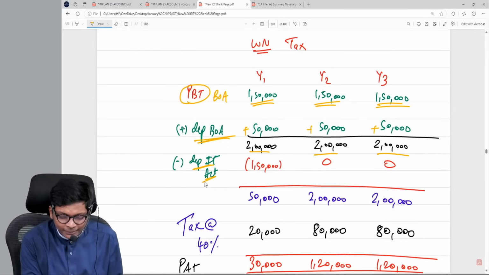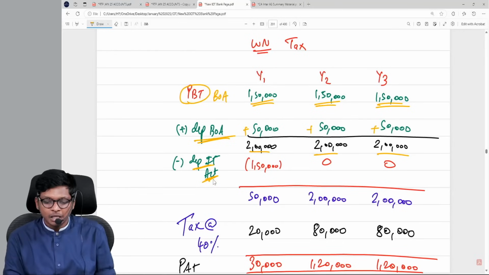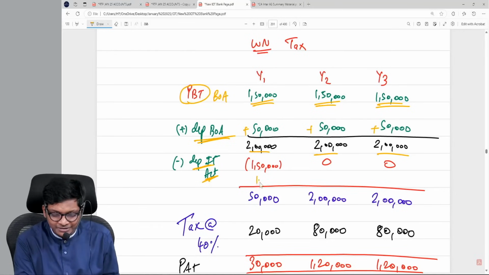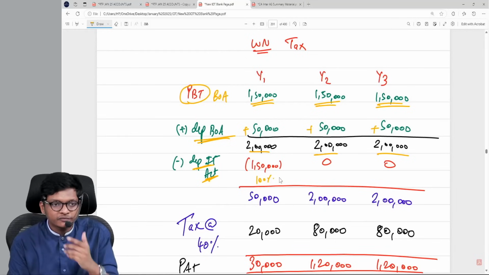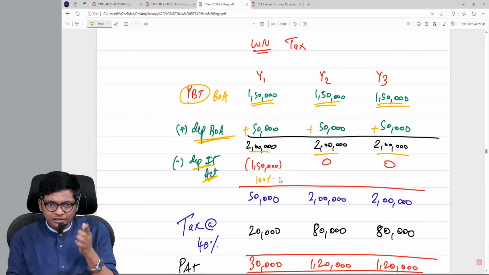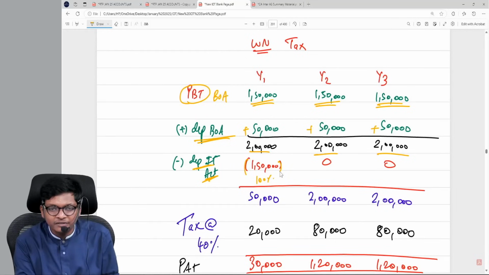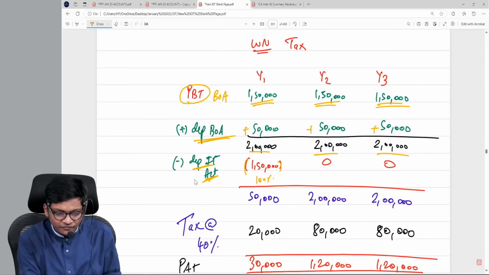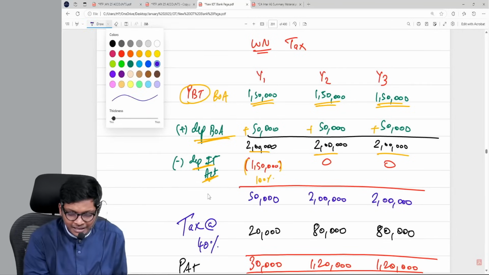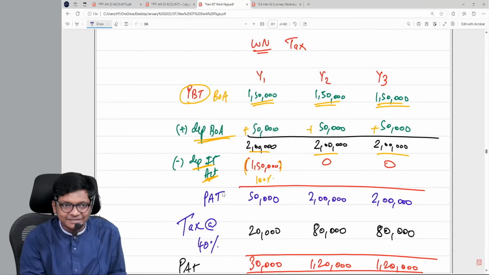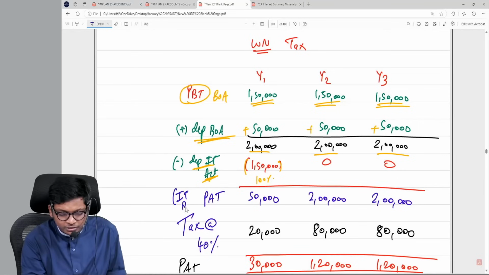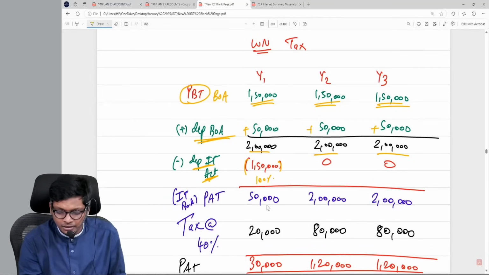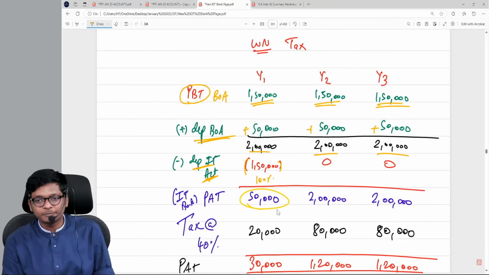Then I should reduce depreciation as per the Income Tax Act. The Income Tax Act is allowing 100% depreciation. 100% of 1 lakh 50 will be reduced, the full asset. Now because in the first year I reduced the full 1 lakh 50 depreciation, my first year profit as per income tax ends up at how much, guys, for the first year? 50,000 as per income tax books.